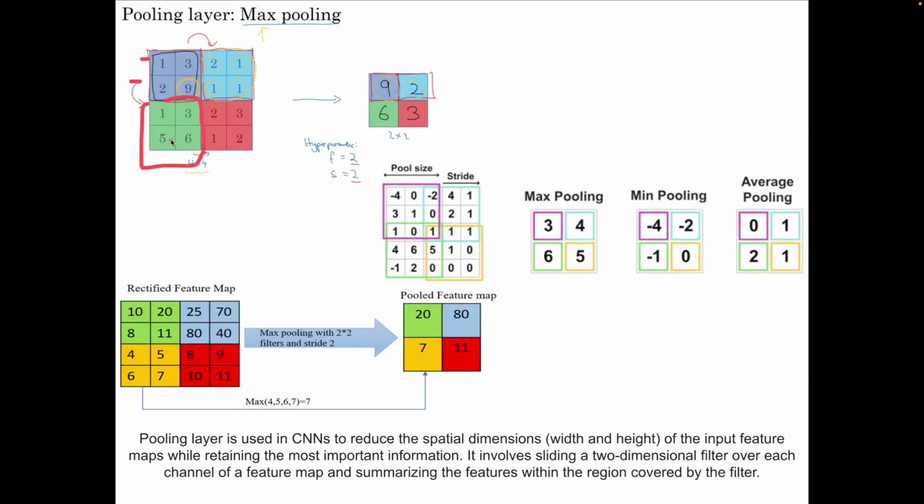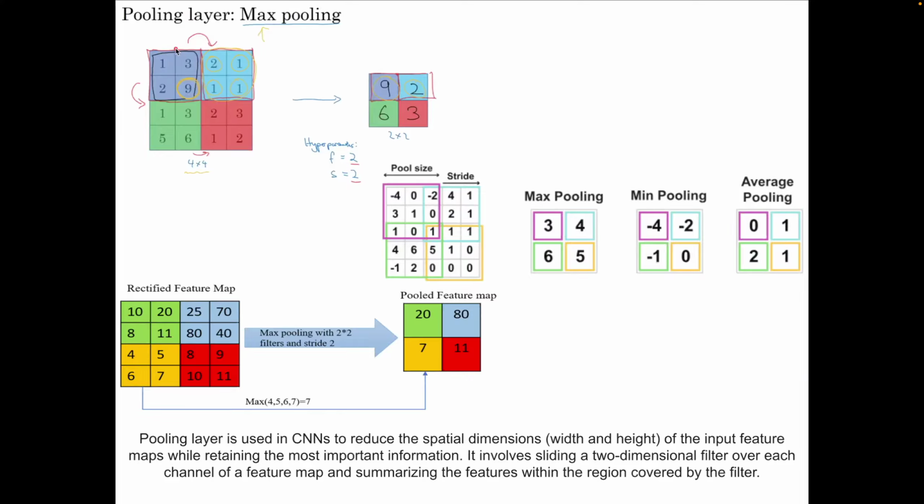We pick the highest value, which is 6. We store. We move 2 strides away, 1, 2. We come in here. We pick this value, 3, 2, 3, and the highest value is 3. We store it. With this, the dimension of our image has reduced from 4 by 4 to 2 by 2 drastically, but we still maintain the most important features in this image.